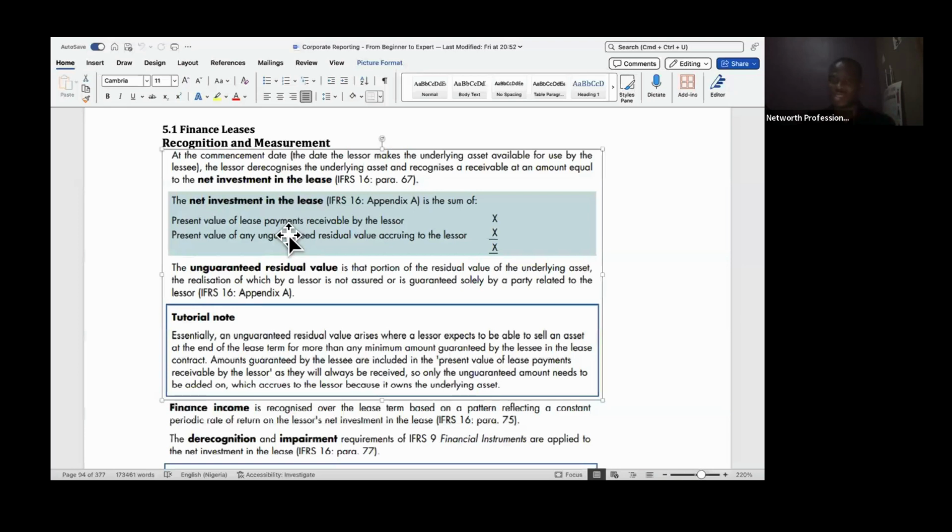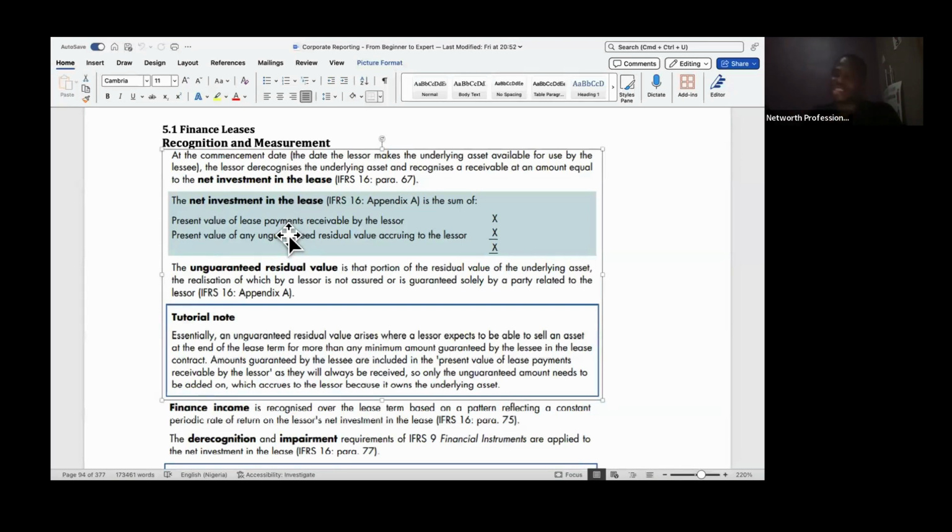However, there are instances where the lessee will promise a residual value, which we call guaranteed residual value, let's say 100 naira. But right from the beginning, the lessor believes he can get more than that, like 120 naira. It's not a conflict between the two, because the lessee is going to say, I cannot guarantee more than 100 naira.